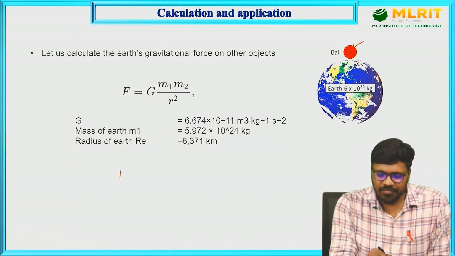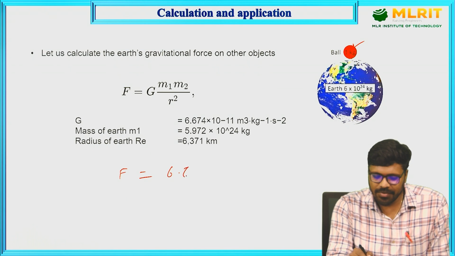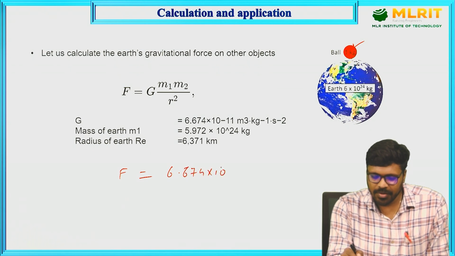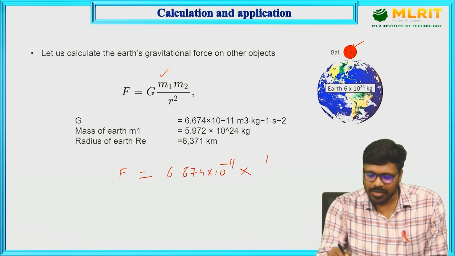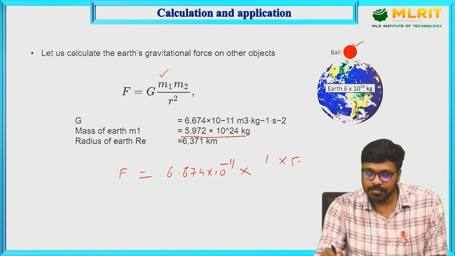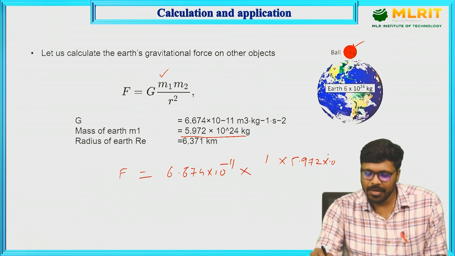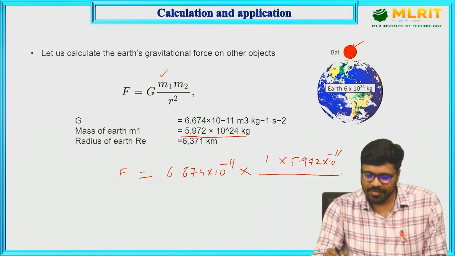F is equal to capital G, and capital G is 6.674 into 10 to the power of minus 11, into the mass of the ball, that is 1 kg, into the mass of the earth, that is 5.972 into 10 to the power of 24, divided by the radius of earth, that is 6371 into 10 to the power of 3.